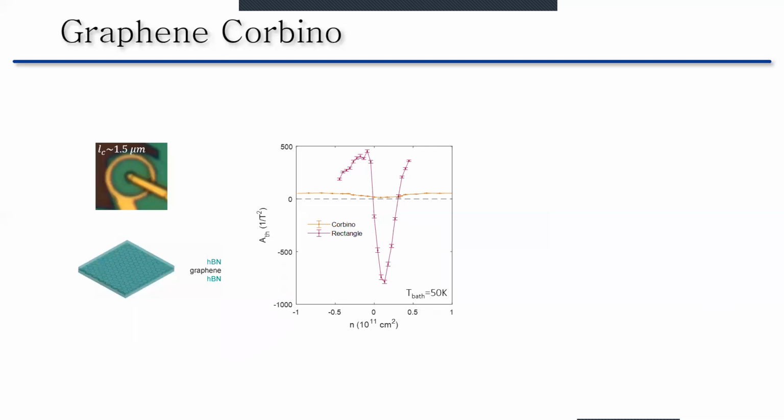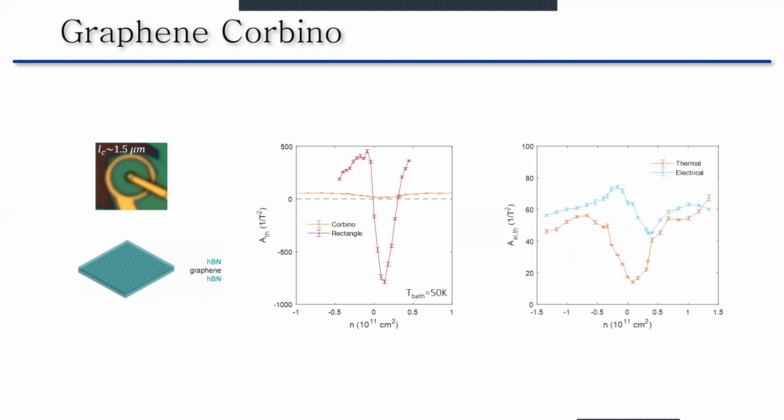All right, and here's what the thermal curvature looks like. So the rectangular one is this purple curve, which you see has that strong negative peak. And this orange curve is the Corbino data, and you see that that's positive throughout that temperature range. So if we zoom in on that, here are the electrical and thermal curvatures in that Corbino device. They're positive for the entire temperature range. The electrical one shows some very weak small modulation.